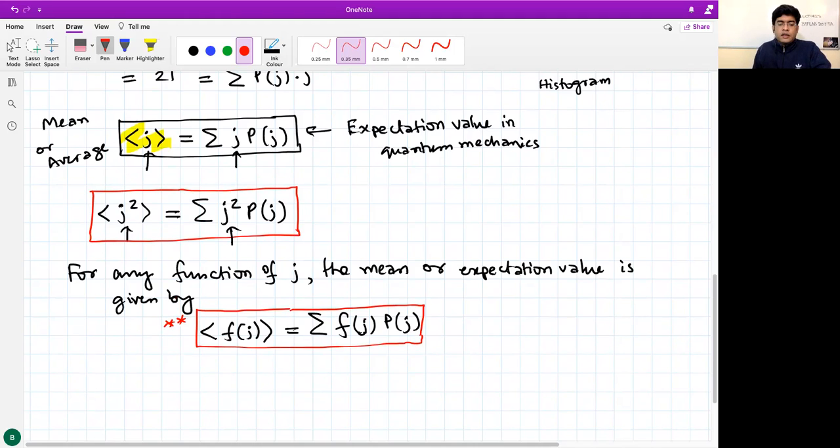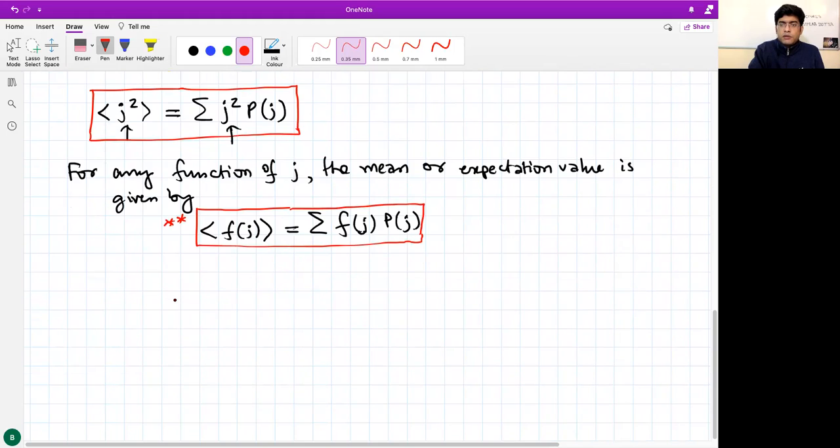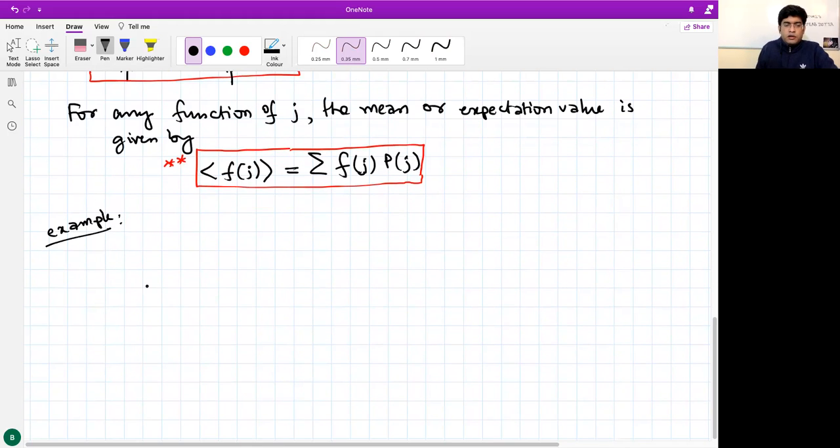All right, now let's see something which we'll be using in our uncertainty principle. There's an example I'm showing you. You have to tell me what is the difference between them. Let me try to draw the graph this time straight.